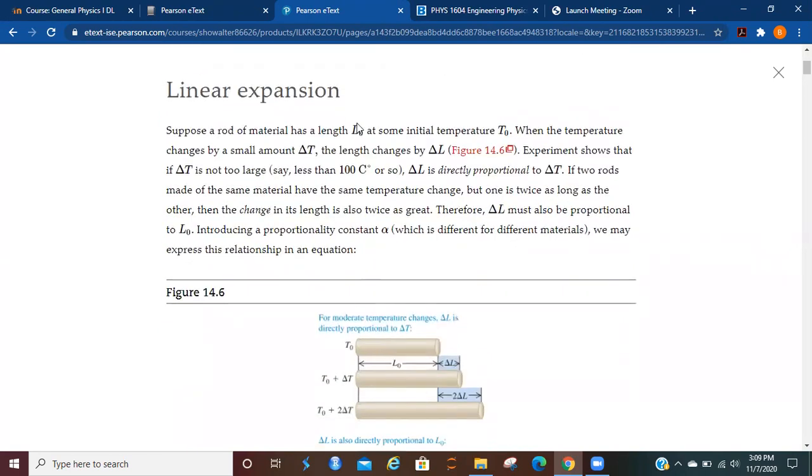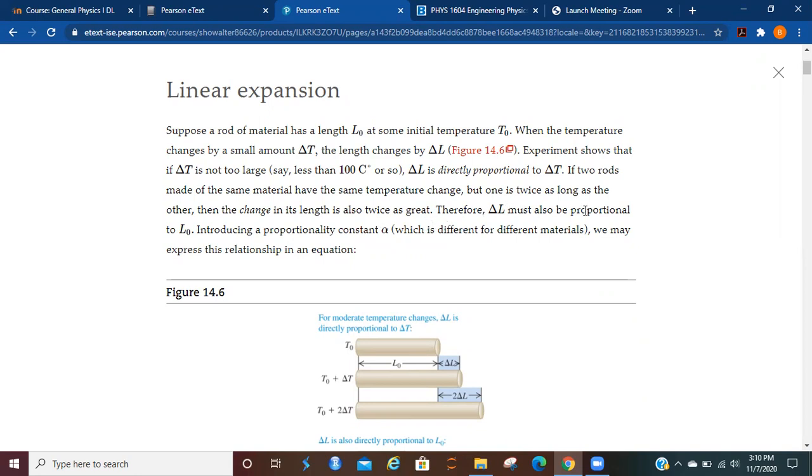So you've got a rod here of length L sub naught at some initial temperature T sub naught. When the temperature changes by a small amount, delta T, then the length changes by delta L. Experiment shows that if delta T is not too large, say less than 100 Celsius degrees or so, then the change in L is directly proportional to that change in T. If two rods are made of the same material and have the same temperature change, but one is twice as long as the other, then the change is also twice as great.